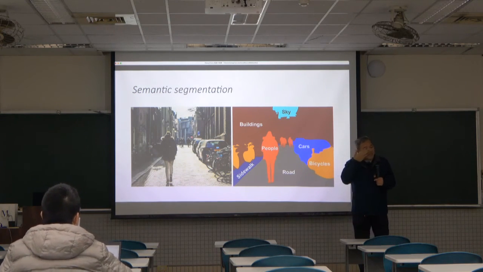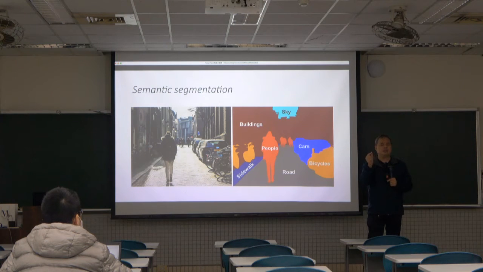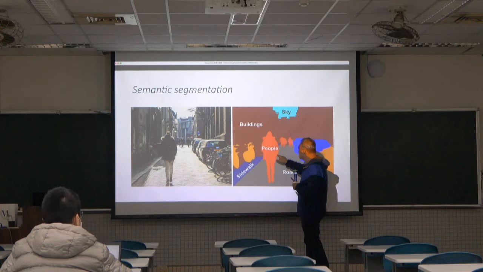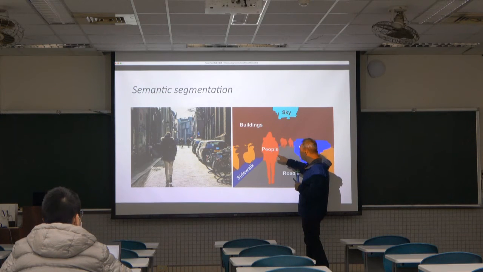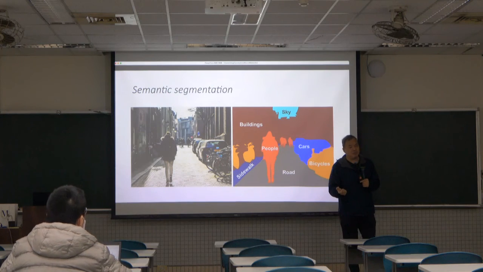So you can see that in this particular application, a small translation may mean a different object, right? For example, a pixel here, if you move one pixel to the right, will represent a different object type.